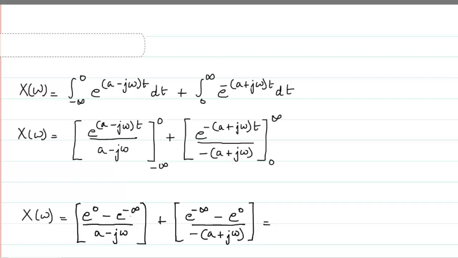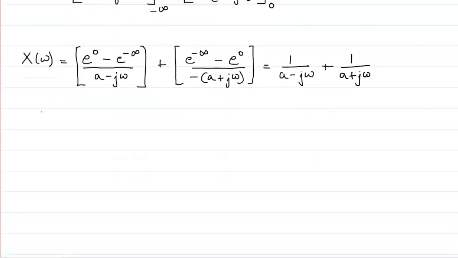From here I will get 1 minus 0, so it is going to be 1 divided by a minus j omega, and plus here it is going to be 0 minus 1, therefore minus 1 divided by minus of this means it becomes plus, so 1 divided by a plus j omega.